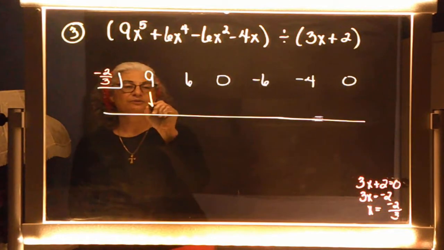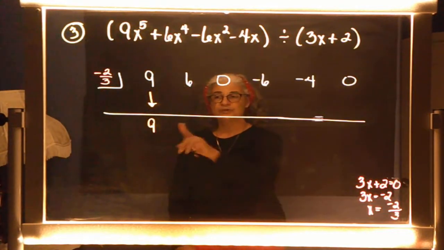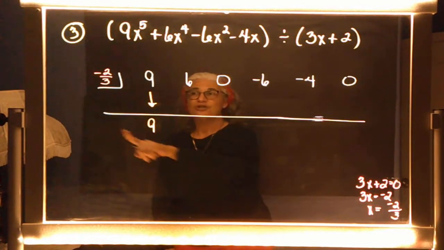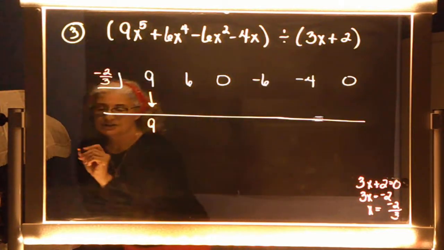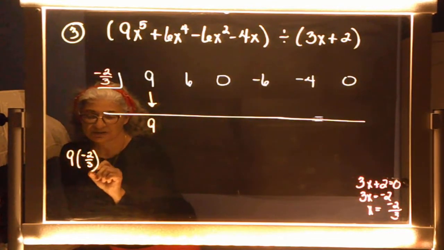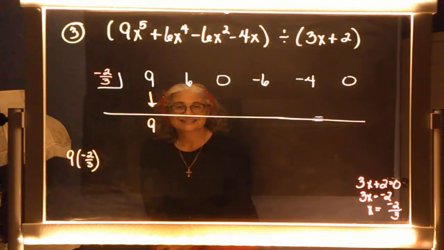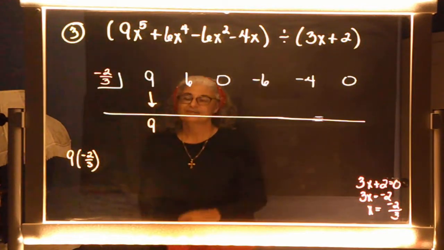So, how do we get started? Good, that first number always comes down, so I'm bringing the 9 down. And then what do you do when you put the number in the answer spot? You multiply by the outside. So I got to do 9 times negative 2 over 3. So you guys work that out. Stay off the calculators. Come on. Yeah, that's negative 18 over 3, which is negative 6.